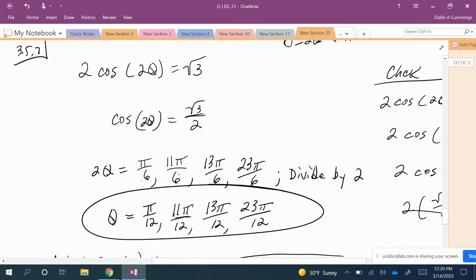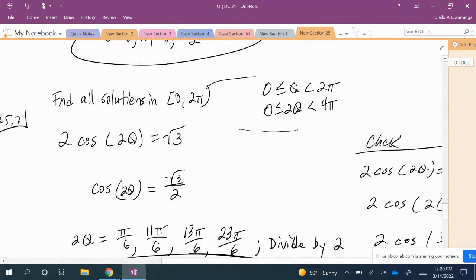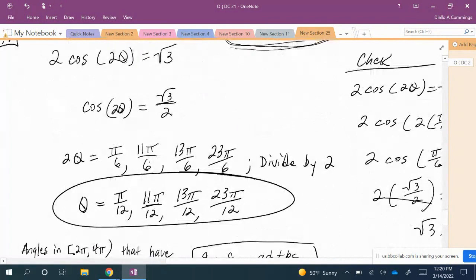And we found pi over 6 and 11 pi over 6. In order to find the remaining angles, because remember we're finding all of the angles in the interval from 0 to 4 pi, we had to add 2 pi radians, and we found the other angle measures, 13 pi over 6 and 23 pi over 6.